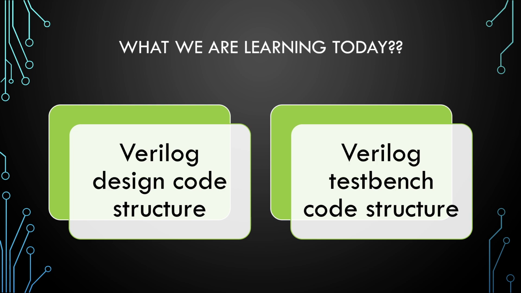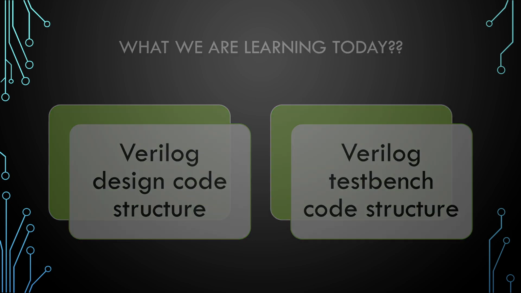If you do not understand, it is totally fine. I just want you to know how the design or the test bench code looks. We are not taking any in-depth example. We will just generally look at how the outline looks for both design and test bench code. Let us see them one by one.